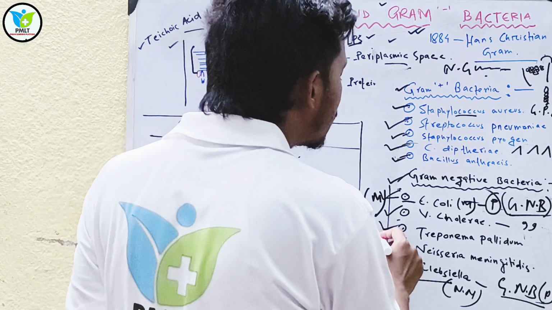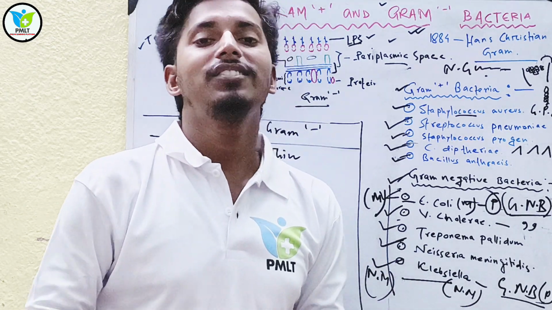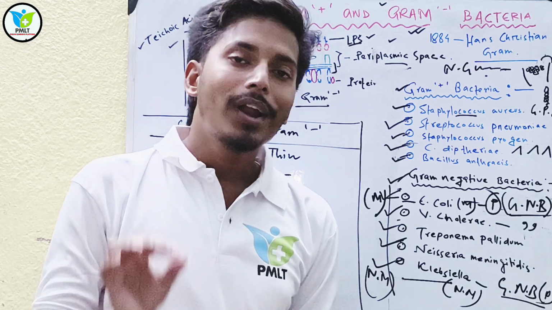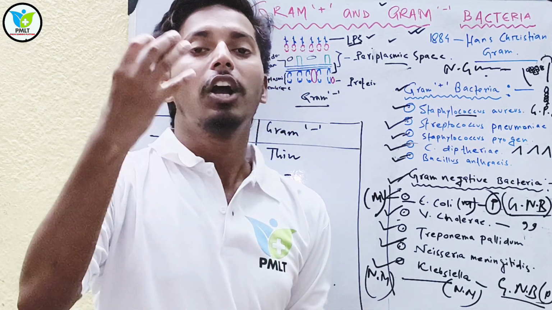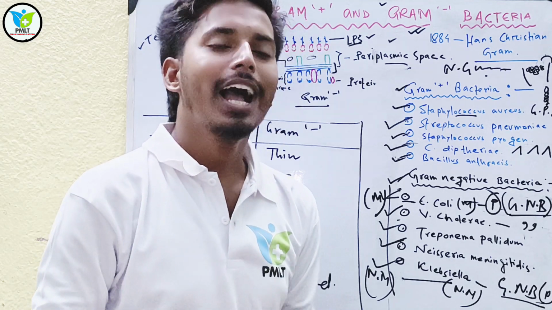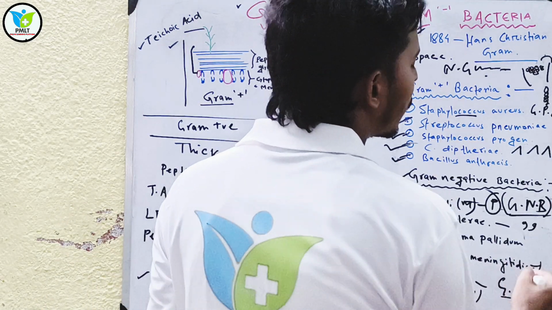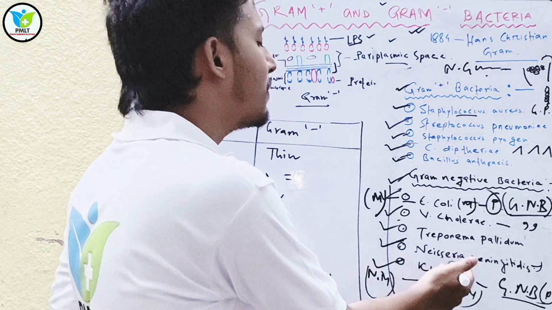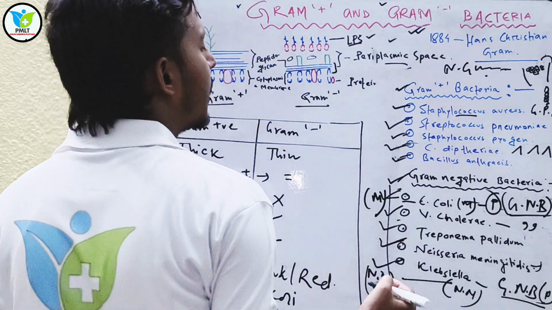Okay, after that, Neisseria meningitidis and gonorrhoeae. Neisseria basically has two pathogenic species. One is Neisseria meningitidis and the other is Neisseria gonorrhoeae. Neisseria gonorrhoeae causes the gonorrhea disease, and meningitidis basically causes meningitis. Neisseria meningitidis is also a gram negative bacterium.